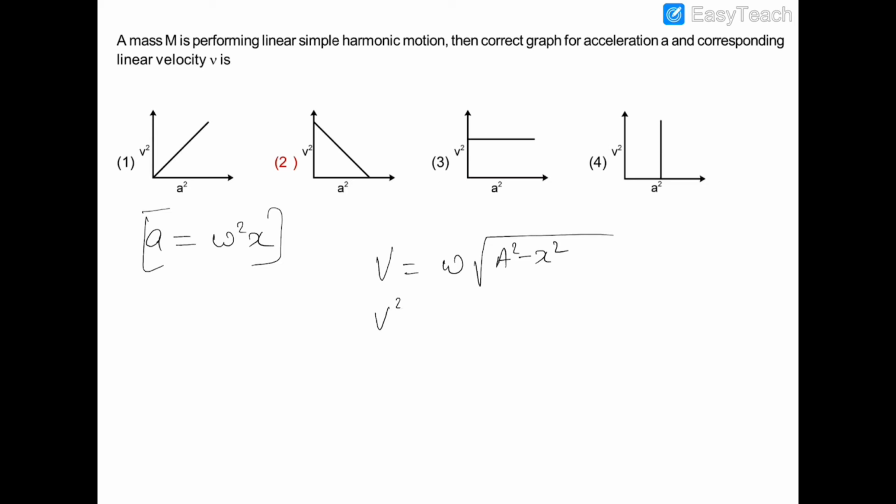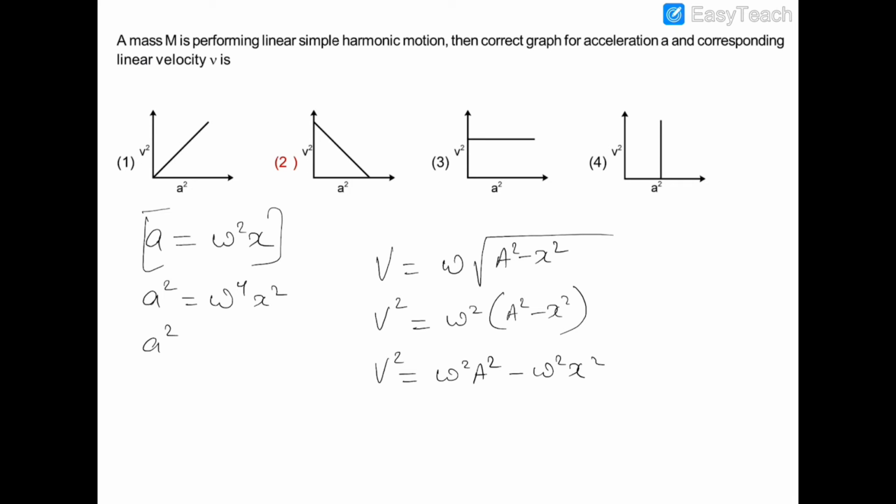Now if we square both the sides, then this equation would be v square is equal to omega square into a square minus x square, and this is v square is equal to omega square a square minus omega square x square. Now you can see that a square will be equal to omega to the power 4 into x square.